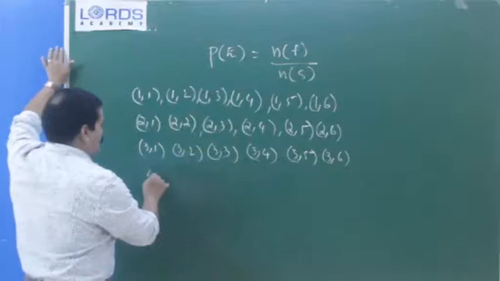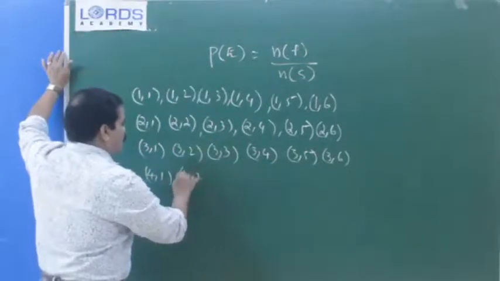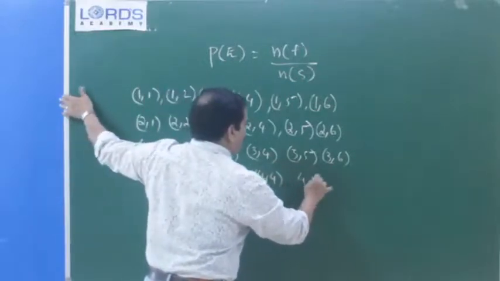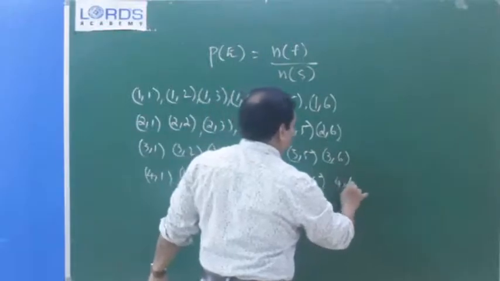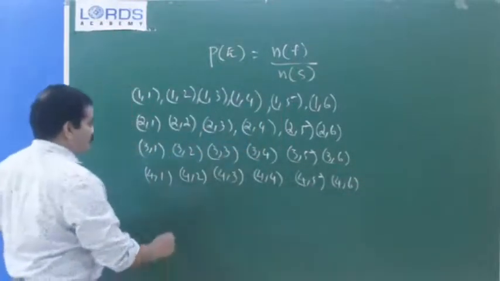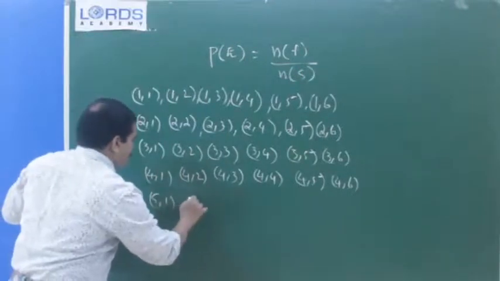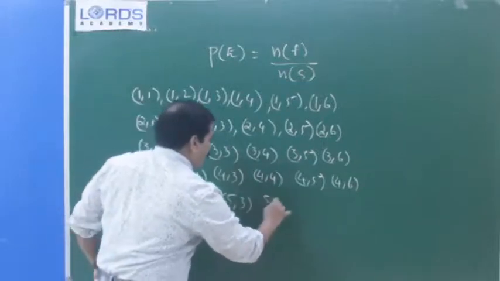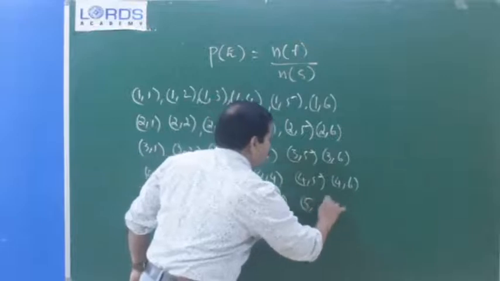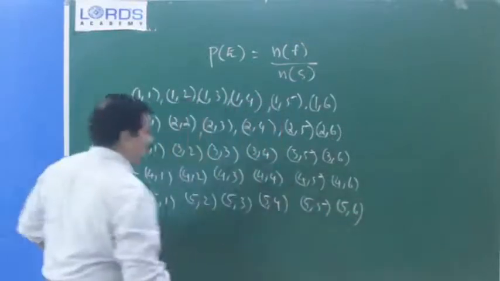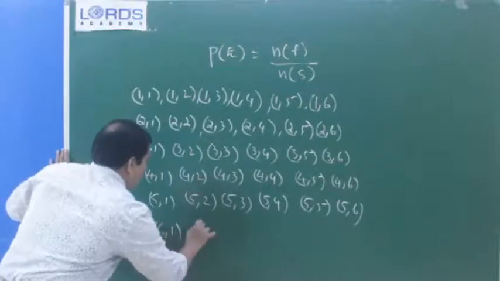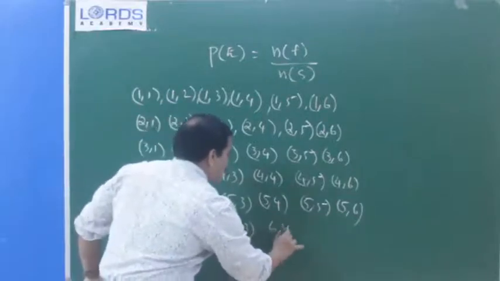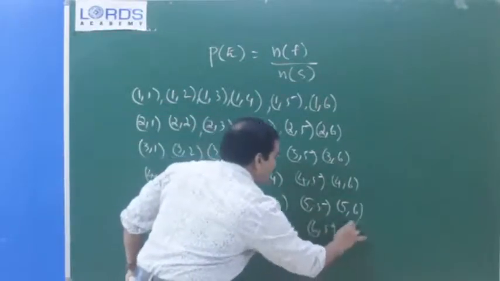The next one 4 1, 4 2, 4 3, 4 4, 4 5, 4 6. Then 5 1, 5 2, 5 3, 5 4, 5 5, 5 6. The next one 6 1, 6 2, 6 3, 6 4, 6 5, 6 6.